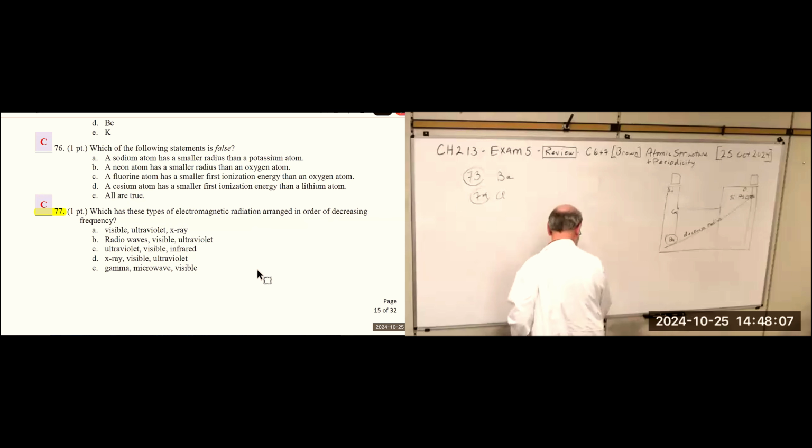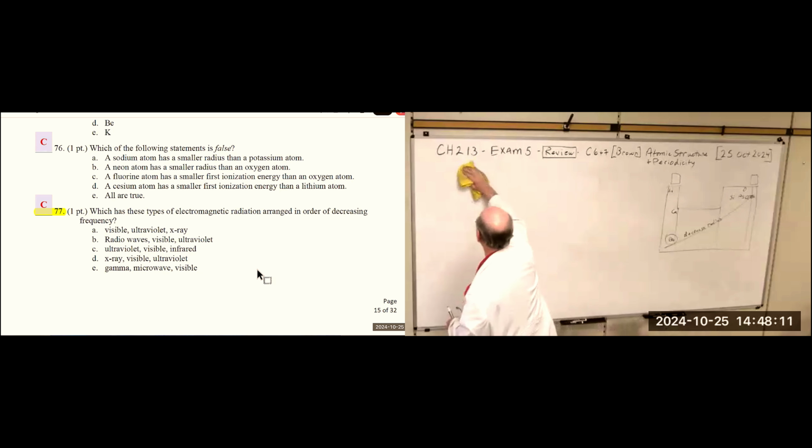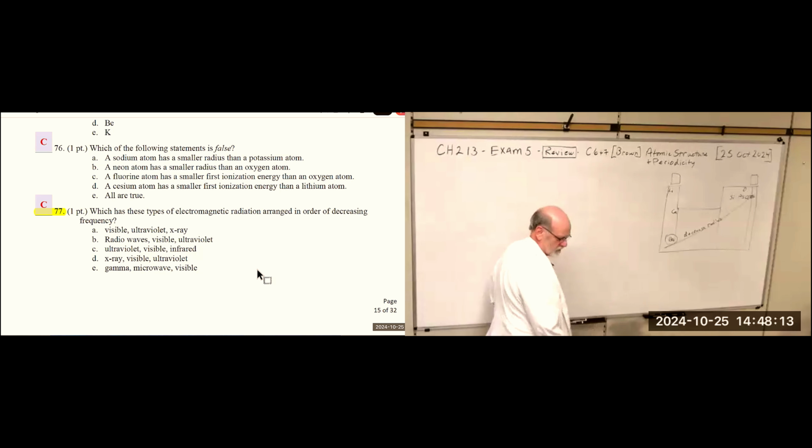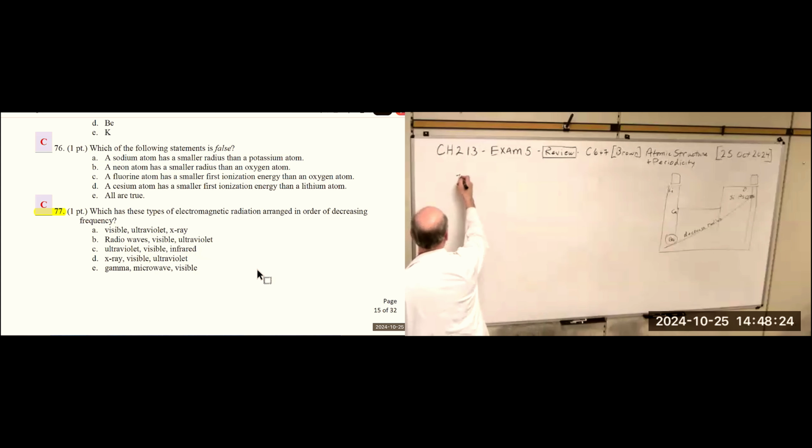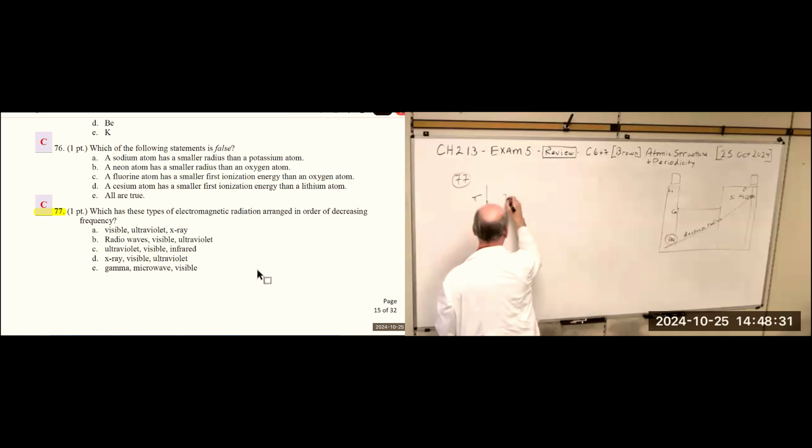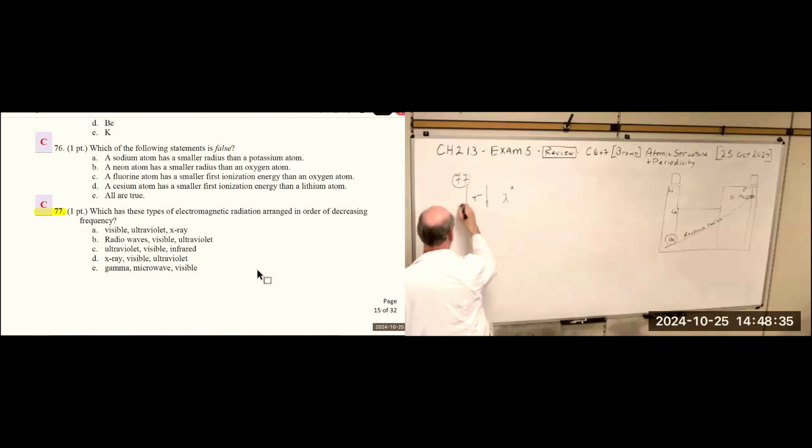All right, 77. We're going back to wavelengths. We're regressing. Which has these types of electromagnetic radiation arranged in order of decreasing frequency? Okay. So if the frequency is decreasing, that means the wavelength is increasing and the energy is decreasing.